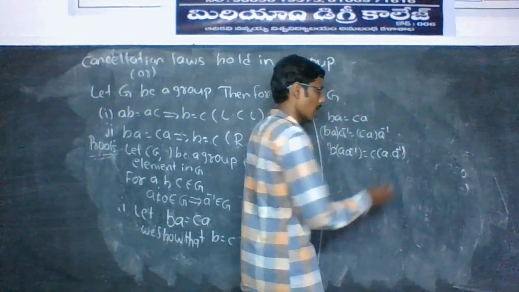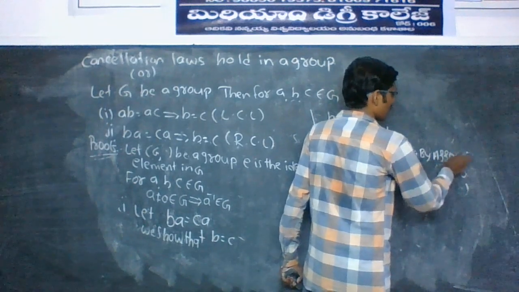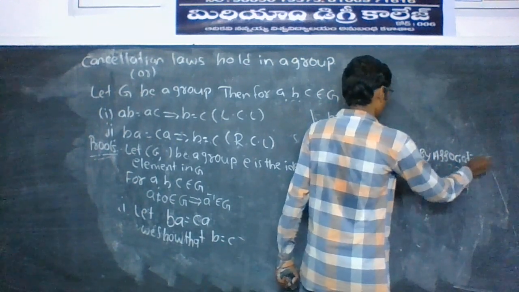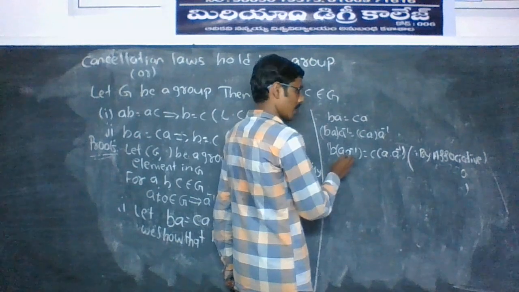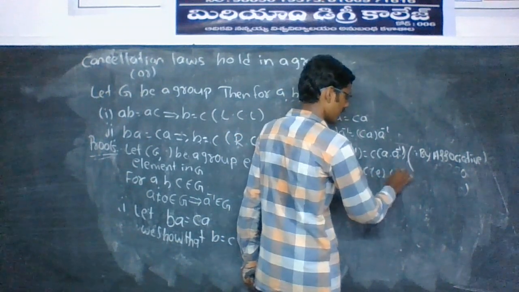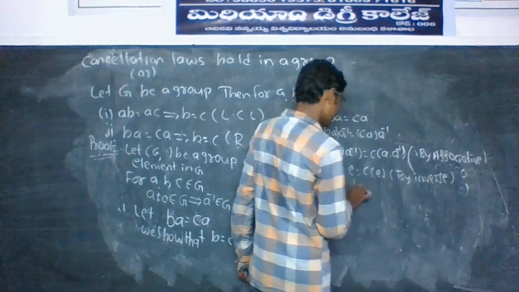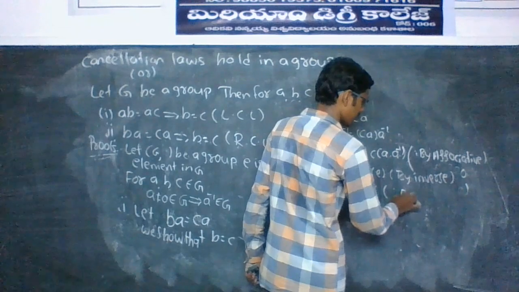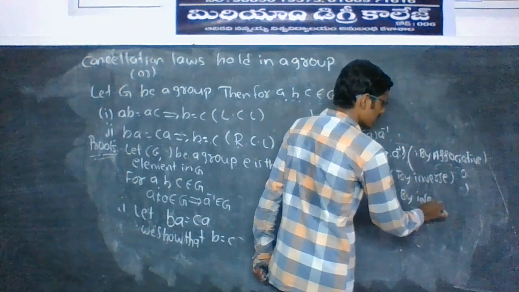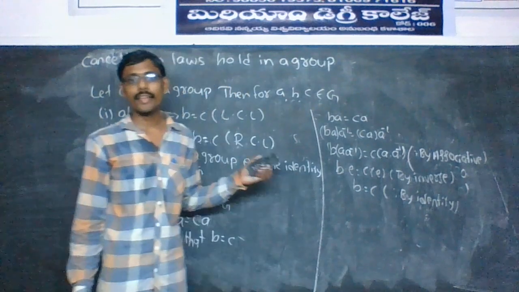By the associative law, B into A A inverse, and A into A inverse is E, is equal to C into A A inverse, by the inverse property. B is equal to C by identity. This is the right cancellation law.